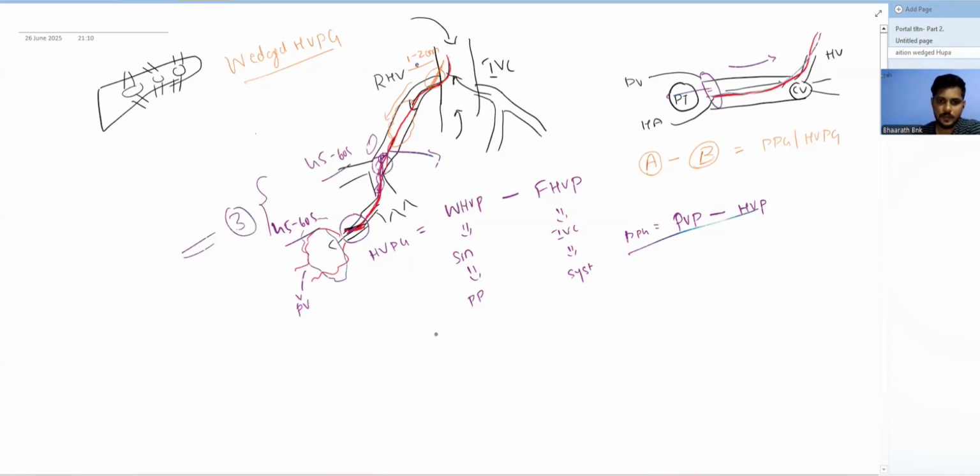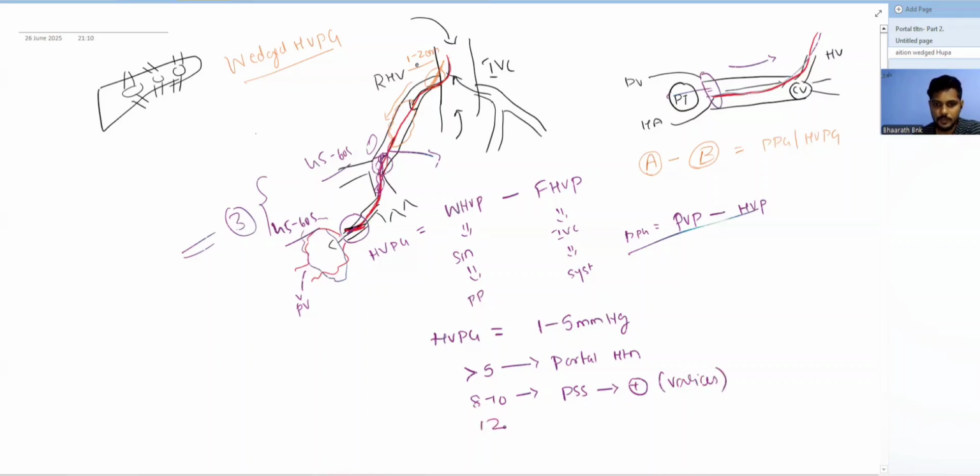So as I said, this hepatic venous pressure gradient should be between 1 to 5 millimeters of mercury. In other words, portal pressure gradient. The moment it becomes more than 5, you label it as portal hypertension, right? And the moment it becomes 8 to 10, the portosystemic shunts start to open up. In other words, varices start to form when it reaches the range of 8 to 10.